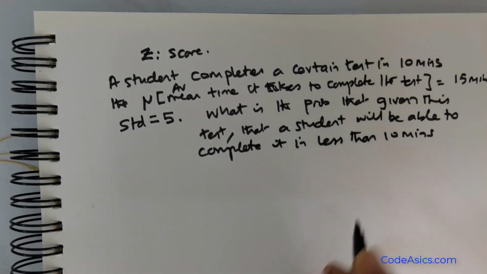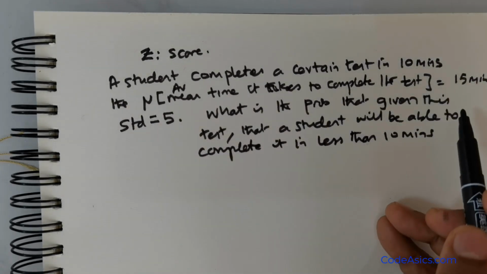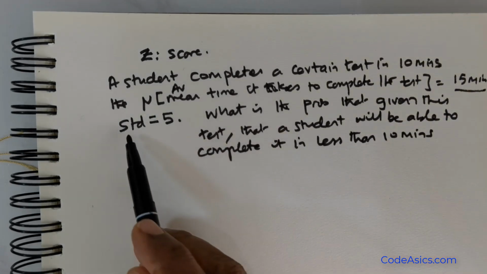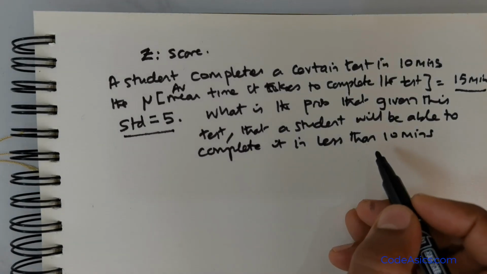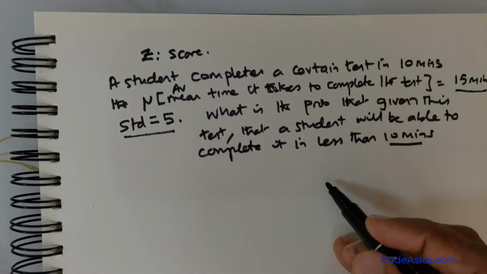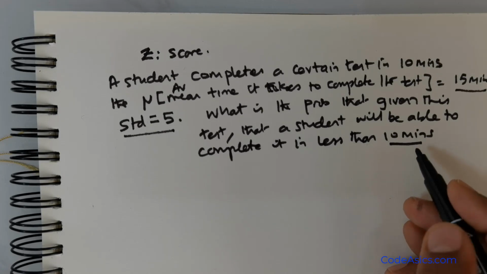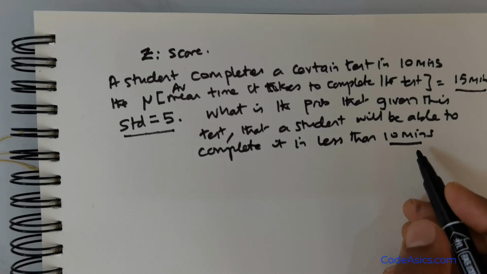So you're able to understand the question. This student is completing the test in 10 minutes, but the average time it takes to complete the test is 15 minutes and the standard deviation is 5. Now we are looking for what is the probability that a student can complete the test in less than 10 minutes. So this is really a very good question.